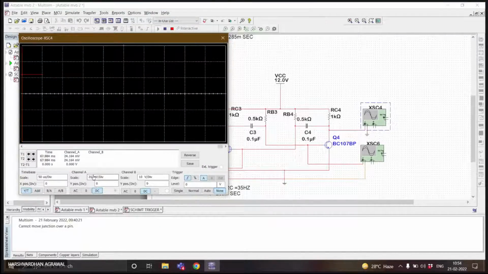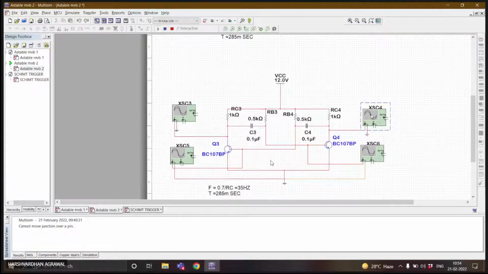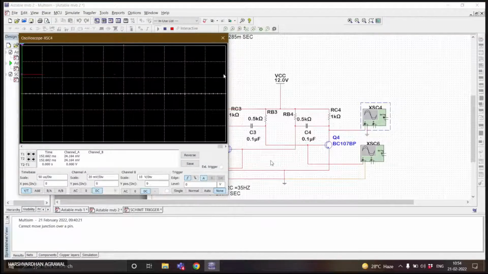Ma'am, again, same thing. Because you're not getting any variation, you're getting a DC kind of output. Yes. Why?